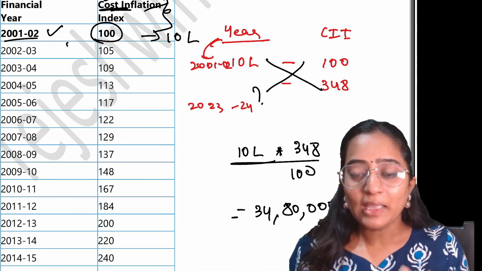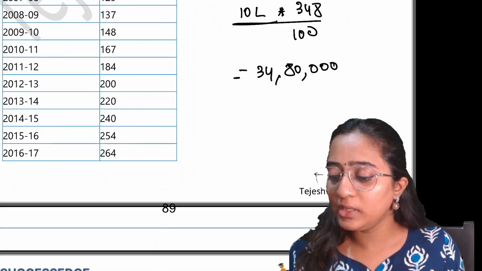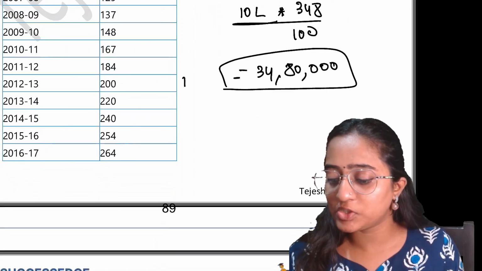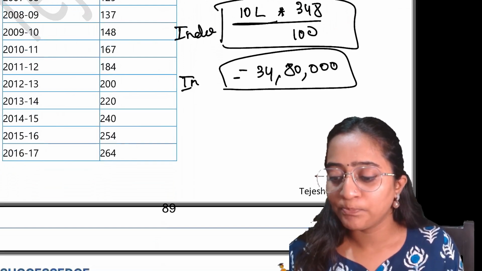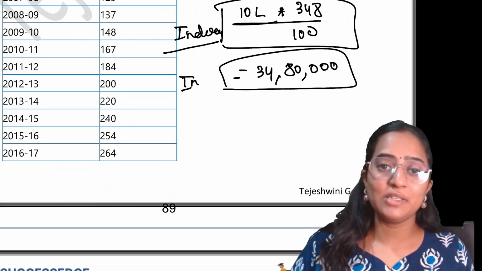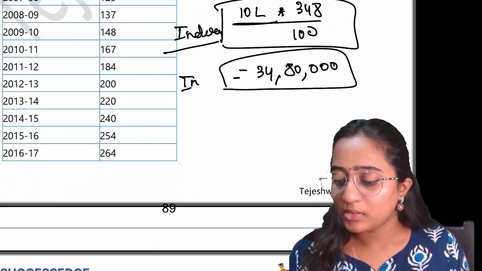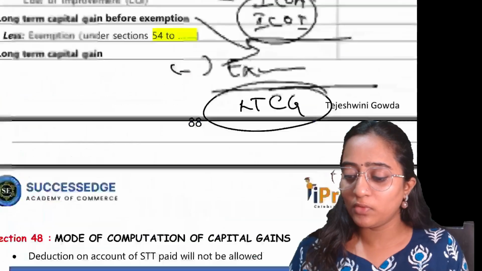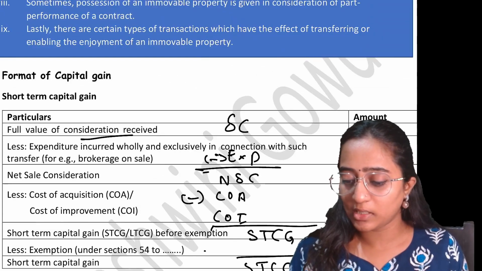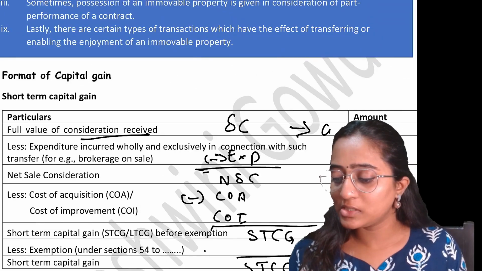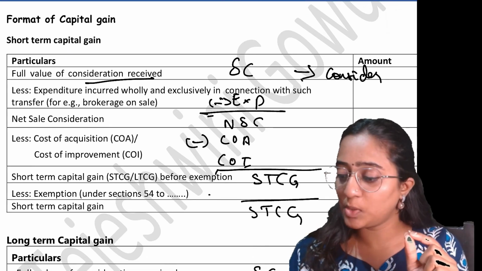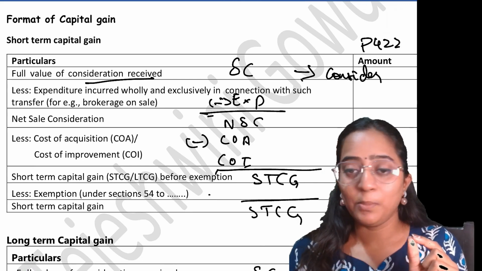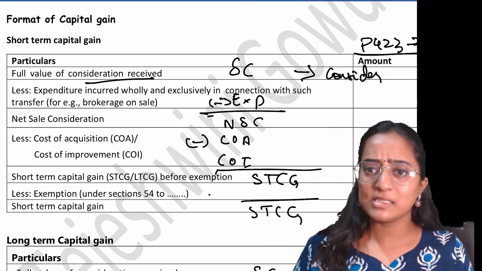Clear? Why is the department allowing you this indexation? This calculation, whatever you have done, is nothing but your indexation. The department allows indexation because the sale consideration or the full value of consideration is based on the consideration determined in the year of transfer. Suppose for me, PY 23-24 is the year of transfer.